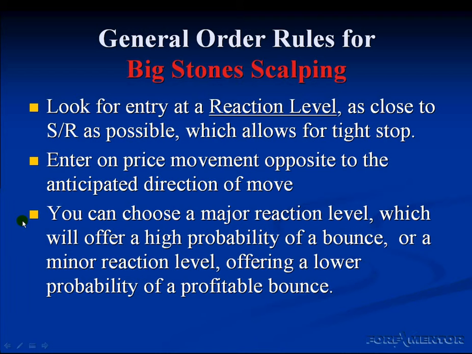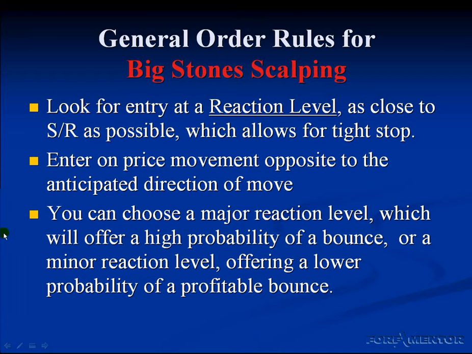Now, you can choose between a major reaction level, which of course will offer a high probability of a bounce, or you can also choose a minor reaction level, which will offer a lower probability of a profitable bounce. Keyword being probability of a profitable bounce.